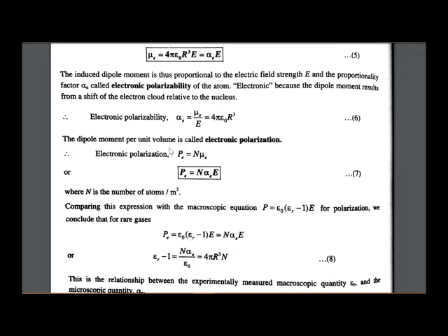Therefore, the electronic polarizability alpha e is mu e by E, which is equal to 4 pi epsilon naught into R cube. The dipole moment per unit volume is called electronic polarization. Therefore, electronic polarization Pe is N into mu e, because there are N molecules per unit volume, and each molecule has dipole moment mu e.